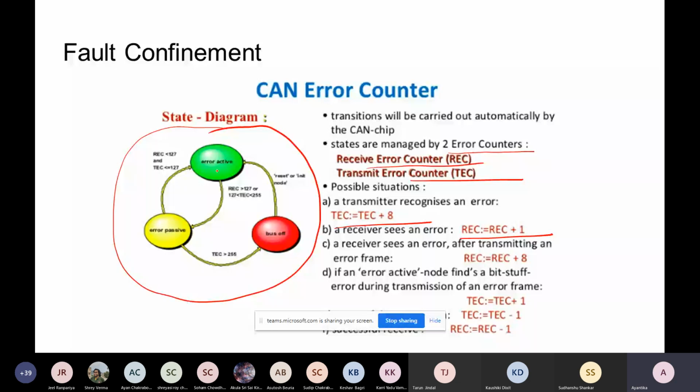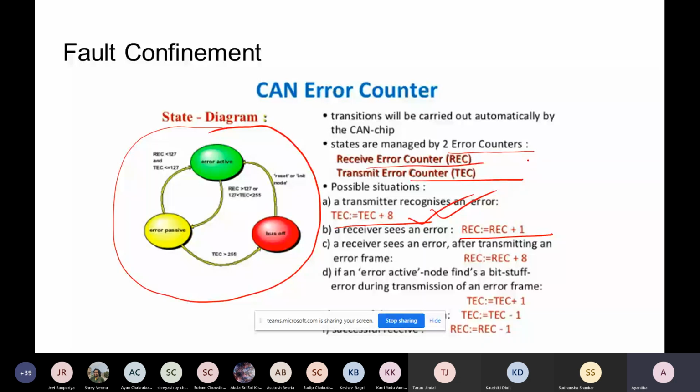This will go on if there is congestion. As in our example, node A sends the frame and it is continuously not delivered to node B, so node A keeps detecting errors, sends the error frame, and increases its transmit error count, TEC.